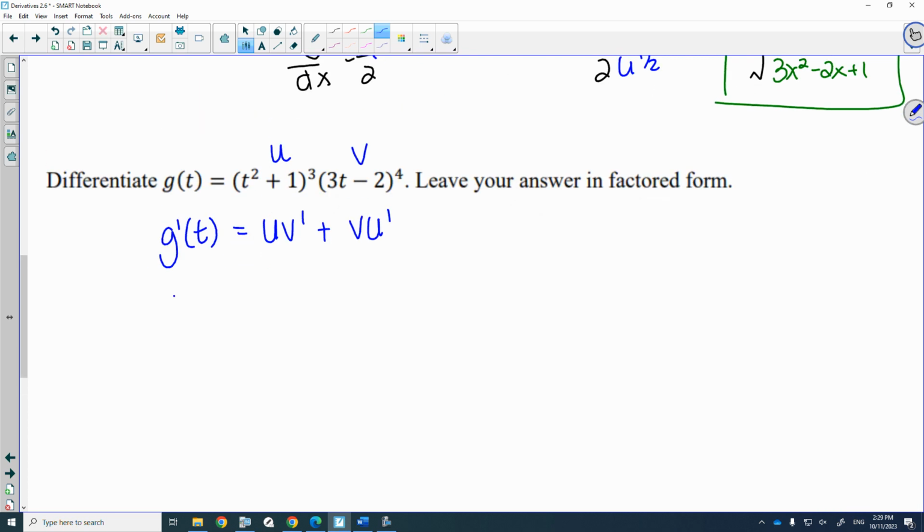Okay, g prime of t will be u, t squared plus 1 to the power of 3, times v prime, this guy. So Sarah, can you tell me what v prime will be? It's going to be a chain rule.